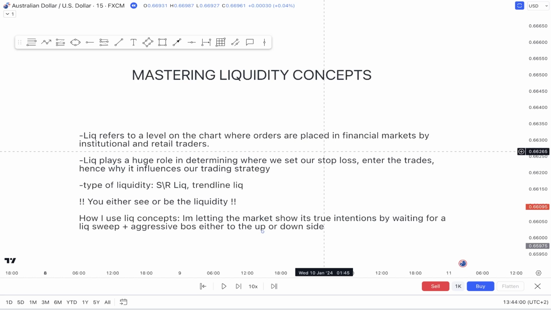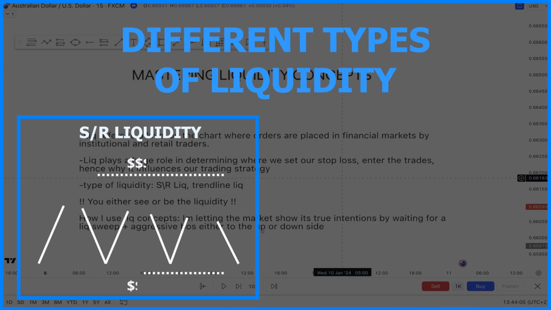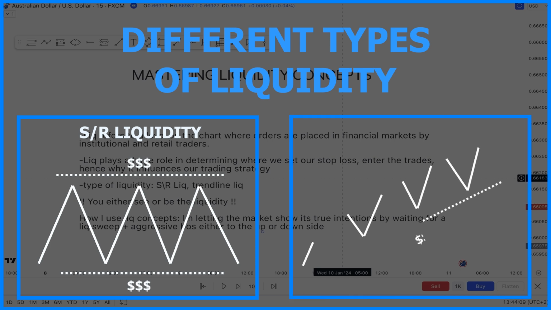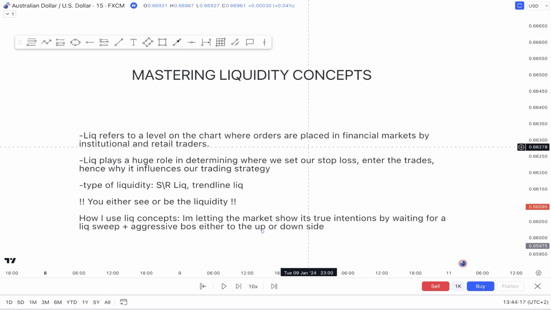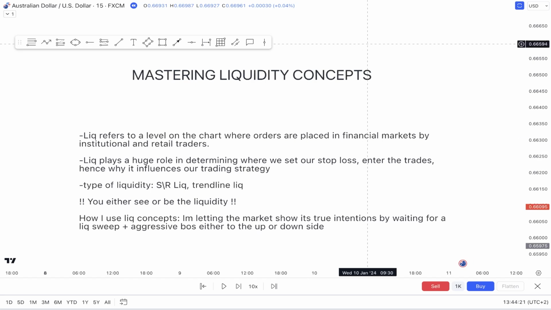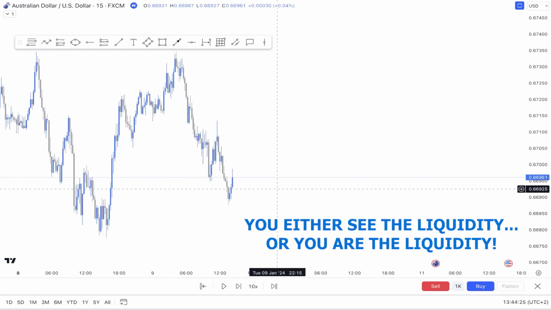After this, we must know that there's different types of liquidity. We have support and resistance liquidity, and we also have trendline liquidity. I personally focus on support and resistance liquidity only. There's a saying that you either see where liquidity is in the market or you become the liquidity.